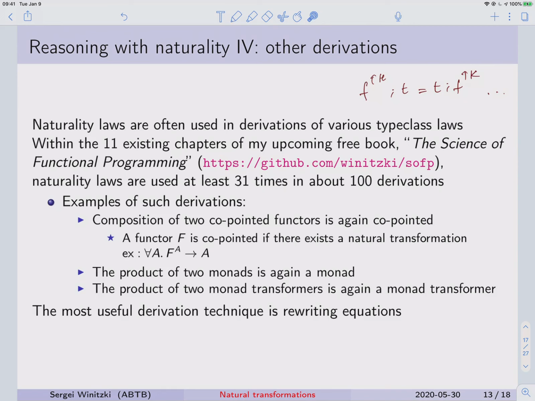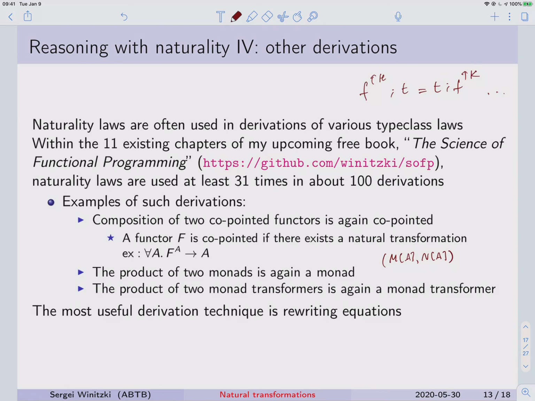Examples of these derivations, for instance, are the proofs that if you have a composition of two co-pointed functors, then it's again a co-pointed functor. And a co-pointed functor is the one for which you have a natural transformation with this type signature, which extracts values from the functor. Or if you want to show that the product of two monads is again a monad, so the product meaning the pair, just in Scala this would be m of a, n of a, for two monads m and n.